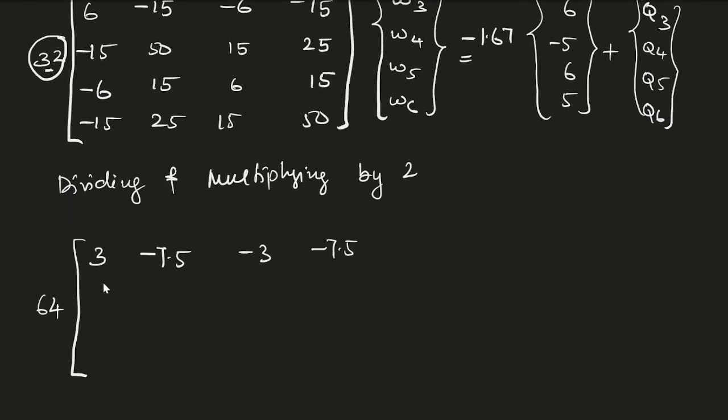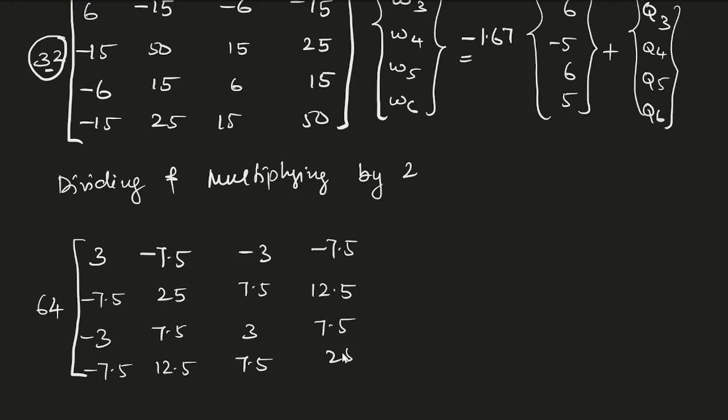In the second row we have minus 7.5, 50 divided by 2 is 25, 15 divided by 2 is 7.5, 25 divided by 2 is 12.5, and minus 3, 7.5, minus 7.5, 12.5, 7.5 and 25. So this is the new one after dividing and multiplying by 2, because the outer element of the matrix is 64 and the first element should be the same.